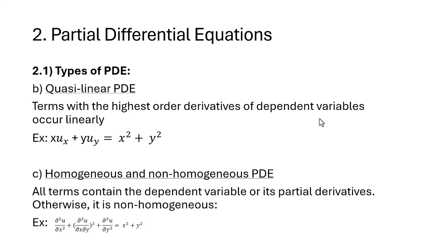In the example, we have second partial derivative of u with respect to x, plus second partial derivative of u with respect to y, is equal to x squared plus y squared. So here the terms x squared plus y squared do not contain the partial derivative of the dependent variable or the dependent variable itself, which is u. So it is a non-homogeneous partial differential equation.